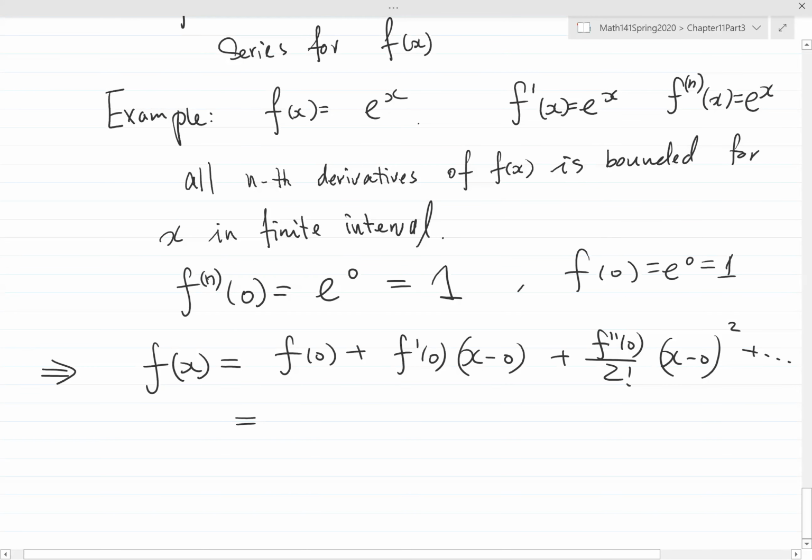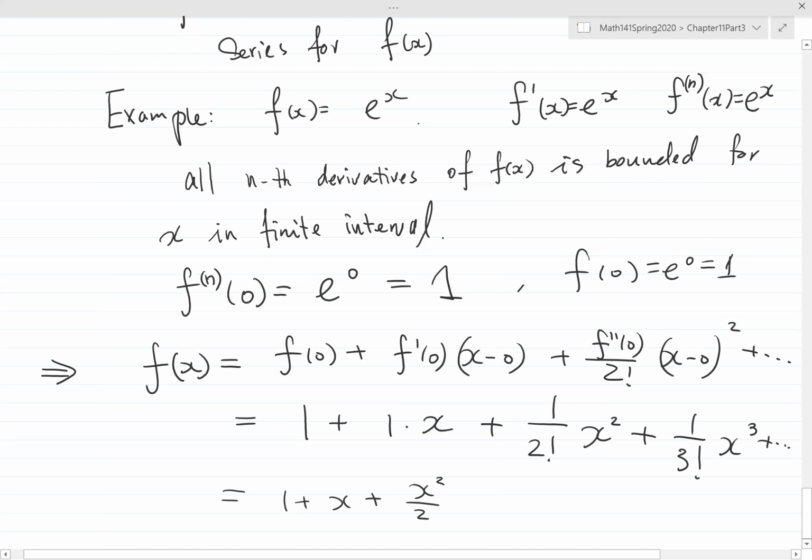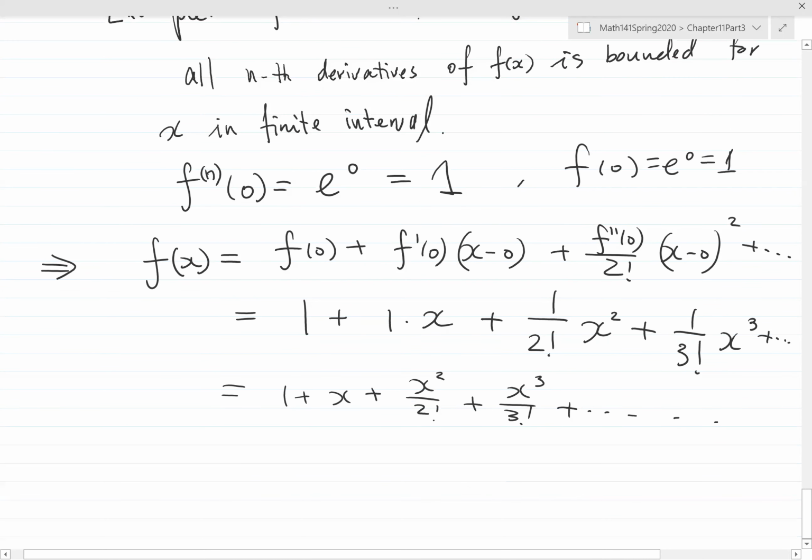So this is 1 plus x plus x squared over 2 factorial plus x cubed over 3 factorial, etc. So the right side is the Maclaurin series for e to the x.